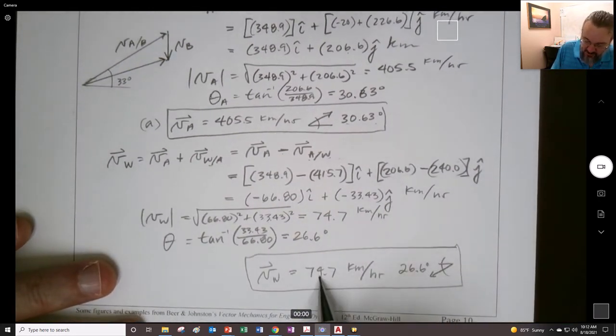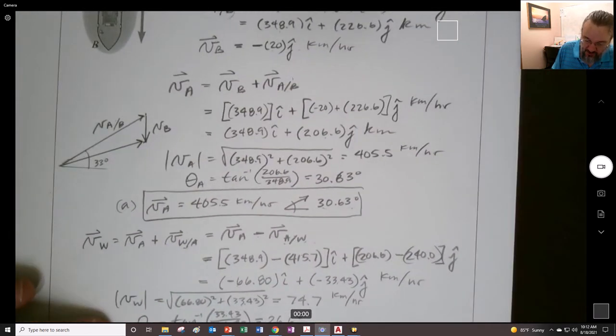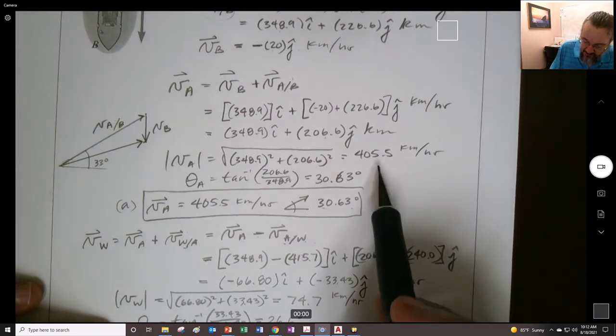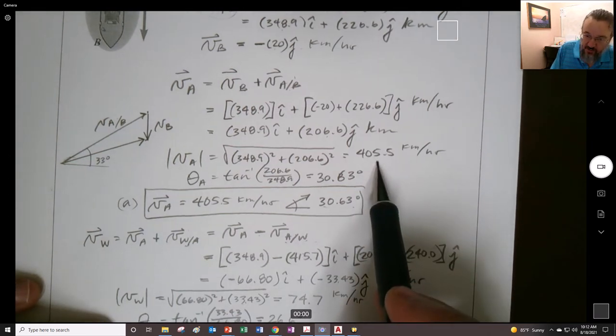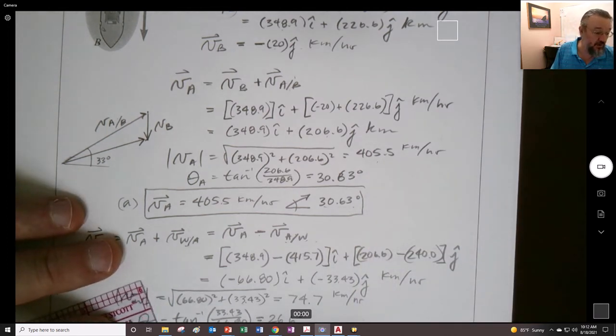You can see that that's a pretty small value compared to our 405 that the airplane is doing, and the perceived one of the airplane was 480, right? So it's going to be a pretty small looking triangle right here.